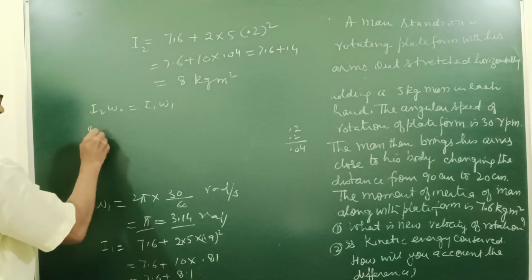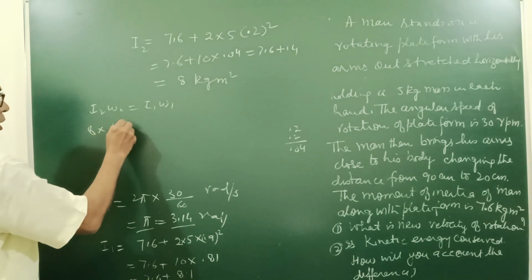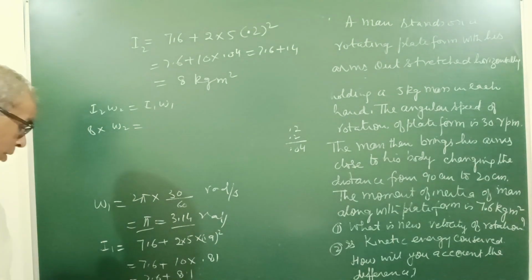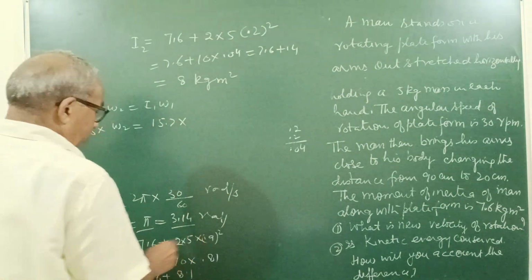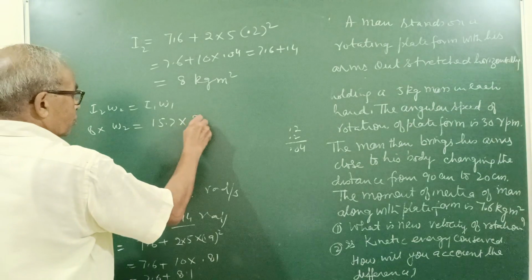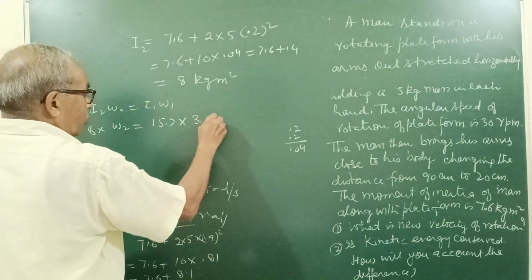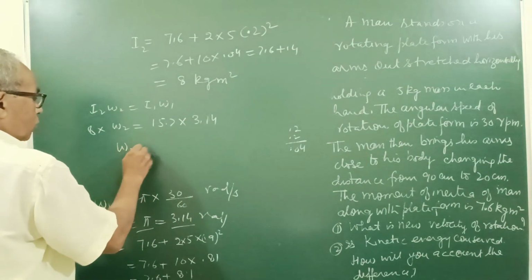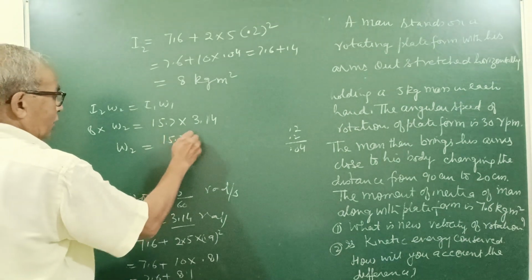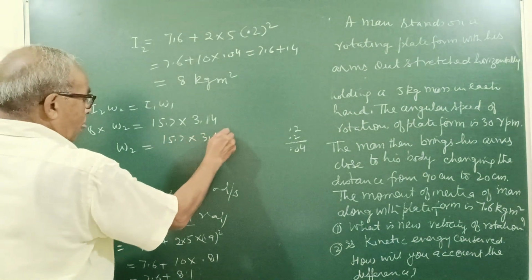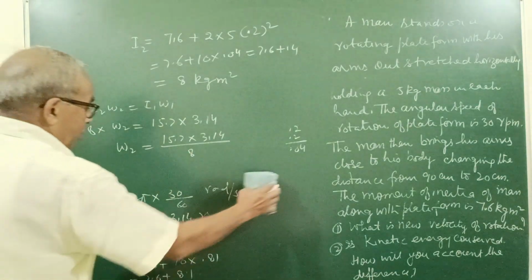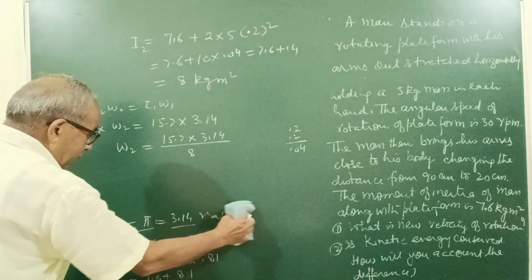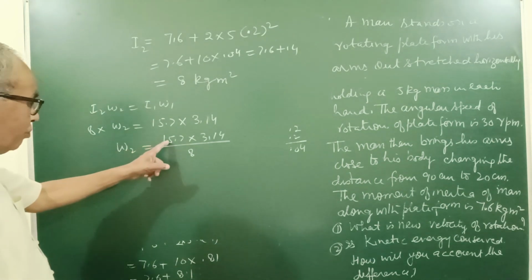I2 is 8, omega 2. You have to find out I1, 15.7, omega 1 is 3.14. So omega 2 equals 15.7 into 3.14 upon 8. You know 3.14 is pi.